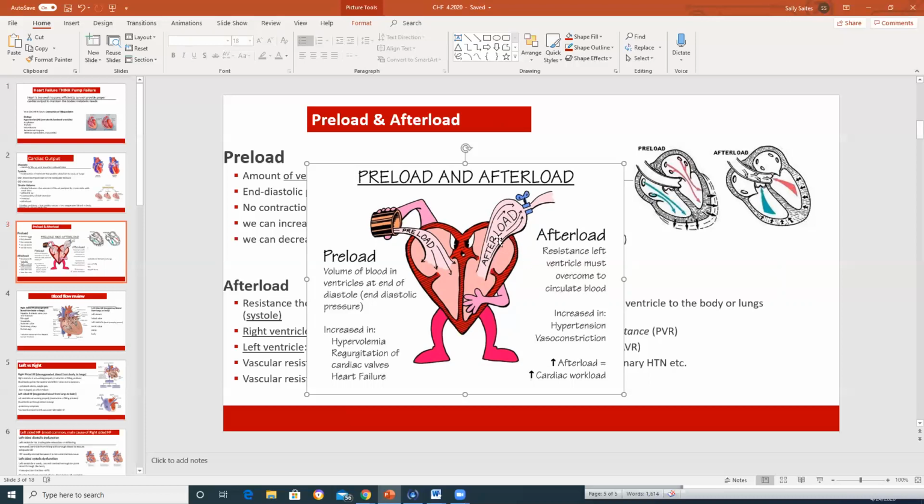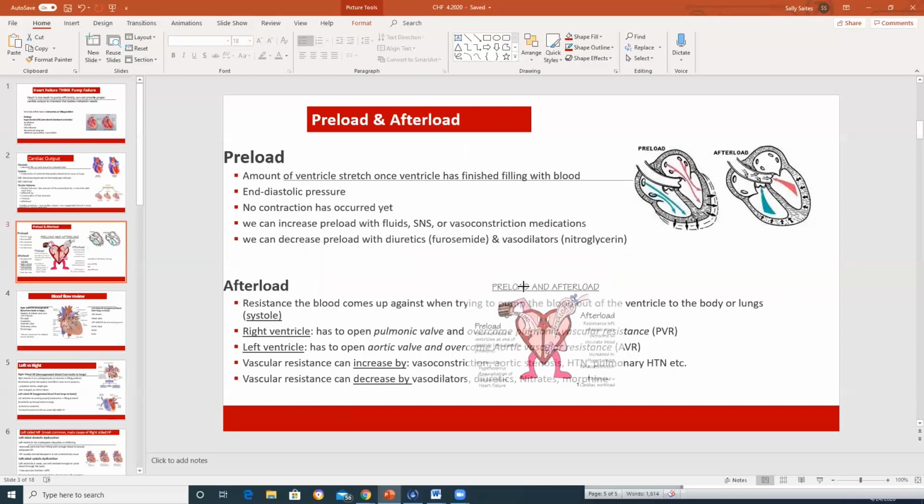The afterload is the increased resistance because it's meeting resistance right here, okay?